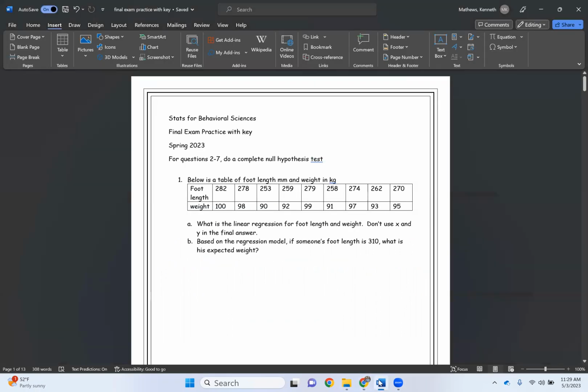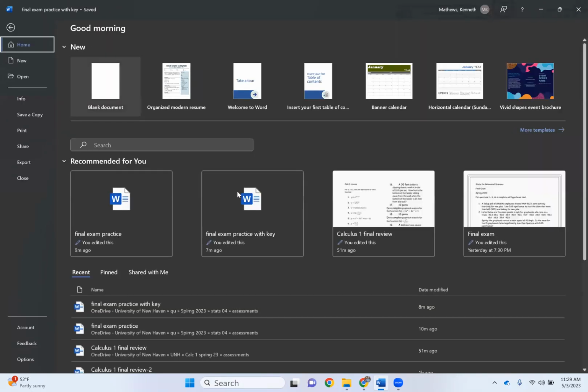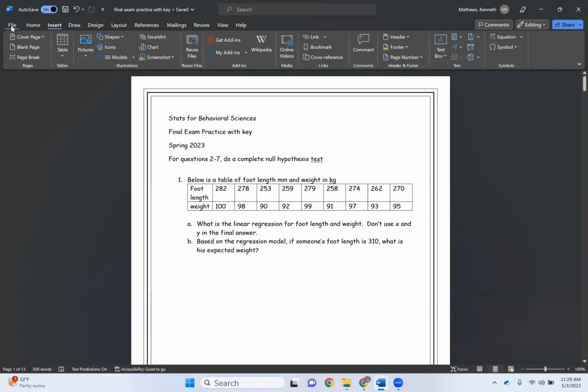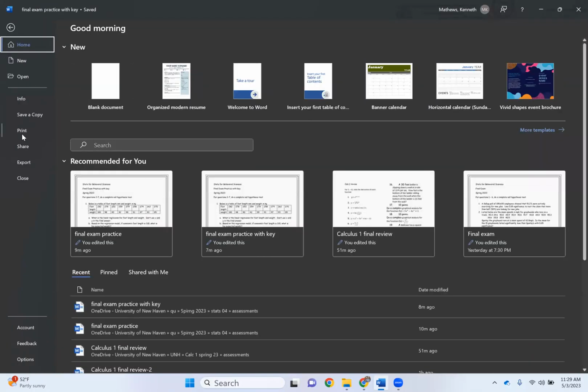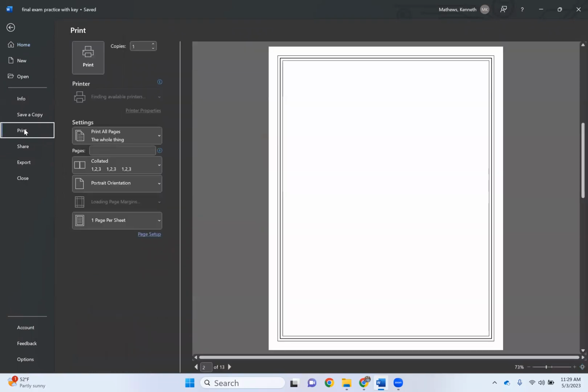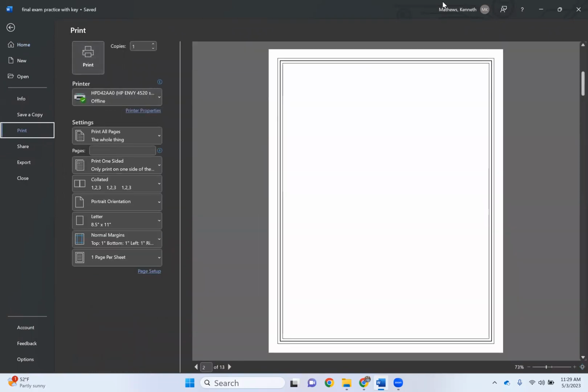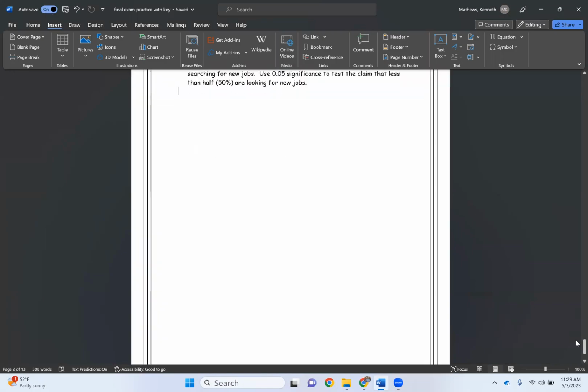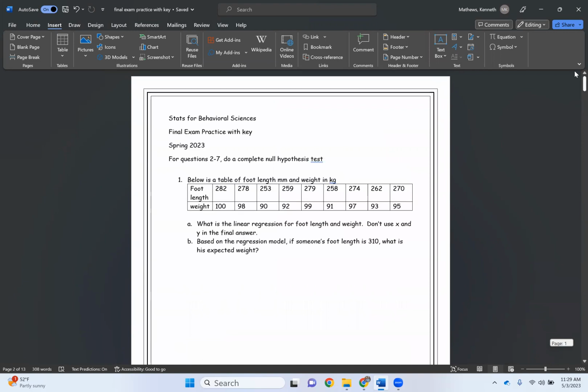And right here, look, final exam practice with the key. Well, there's no key yet because I'm going to make it now as we go along. I just realized it might be best if I print out a copy. Oh, never mind, I won't. Okay. So going back up.